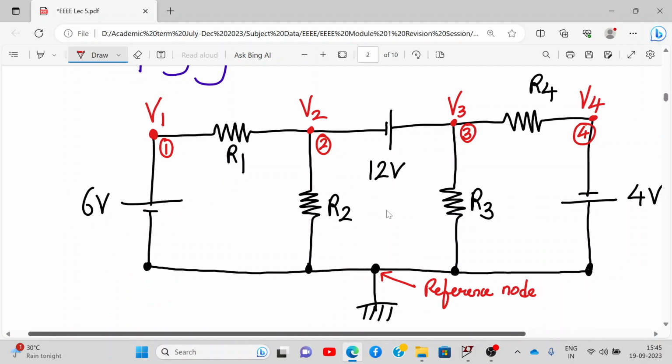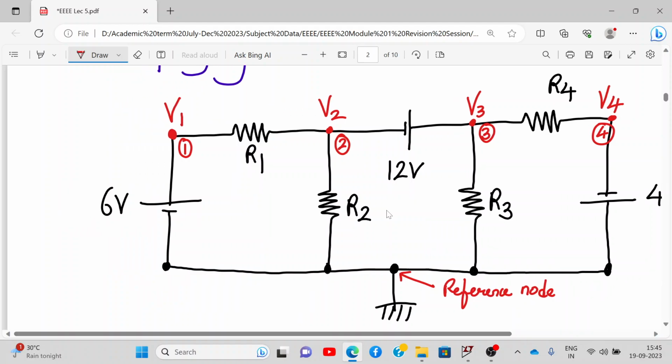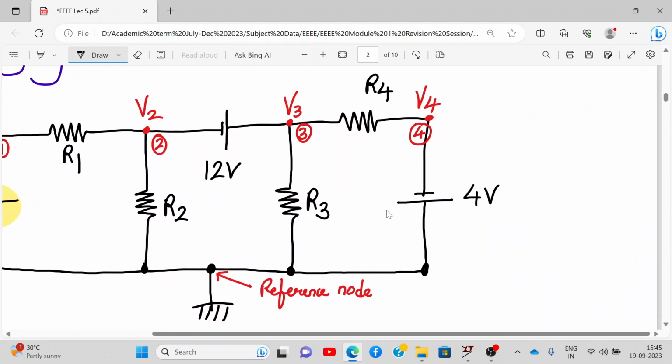From the last example we have seen that whenever a voltage source is connected between a node and a ground, the voltage of that node will be equal to the voltage of the source. So directly V1 is 6 volt. Similarly over here, because of this 4 volt voltage source, your V4 will be minus 4.